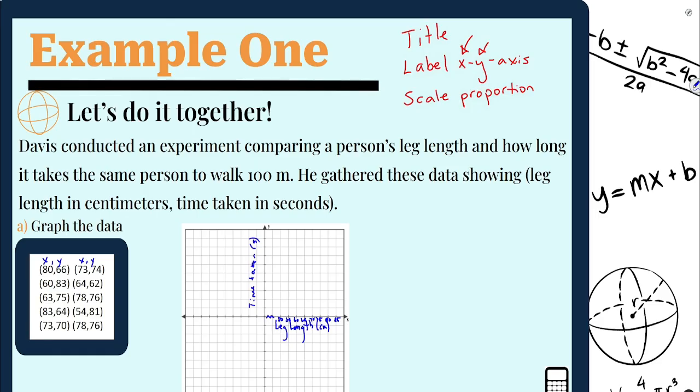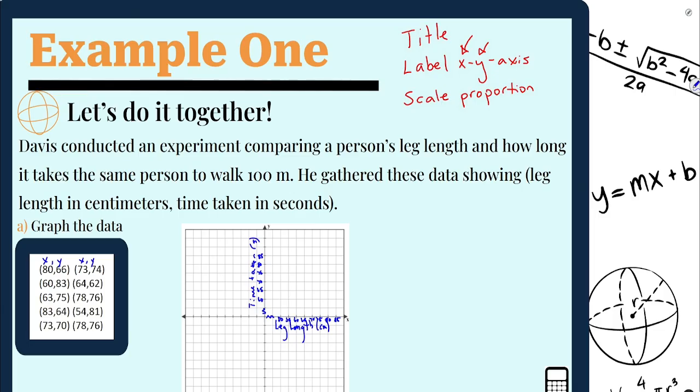And I did that break to show. Now my seconds, the y, the time, it looks like my fastest time is 62 and my slowest time is 83. So again, I'm going to do that break, and I am going to say 60. And I think I can go 65, 70, 75, 80, 85. We'll go up by 5s again.